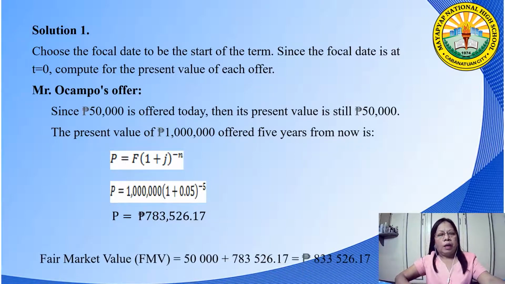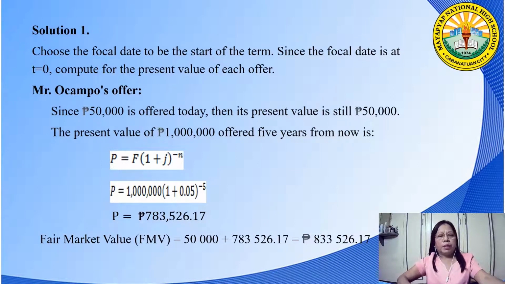So to get the fair market value, that is equal to the down payment plus the present value. So equals 50,000 pesos plus 783,526.17, a total of 833,526.17.